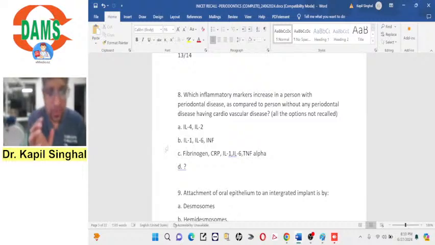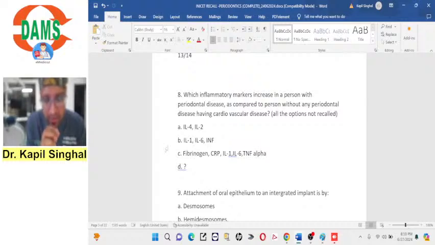Please remember the etiological factors and the pathogenesis of periodontal disease and cardiovascular disease are quite similar, and markers like C-reactive protein are increased, fibrinogen is increased, interleukin 1 is increased, interleukin 6 is increased, tumor necrosis factor alpha is increased.